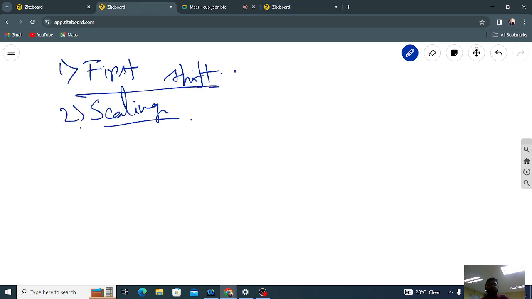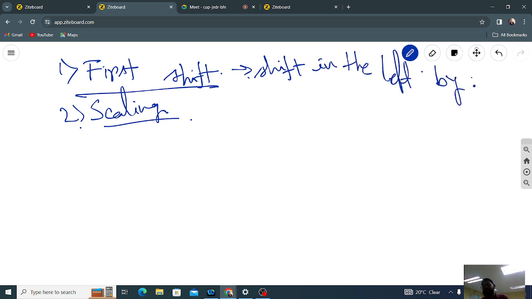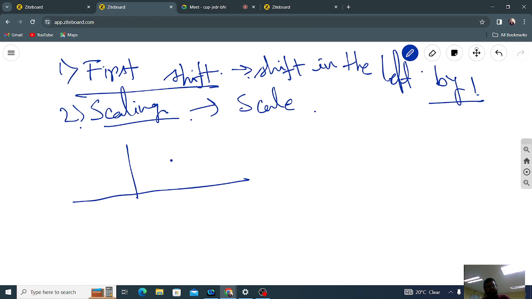So first shift in the left side by 1 and then scale. So the signal was 1 2 3 for the first time, x of t. So we do x of t plus 1.